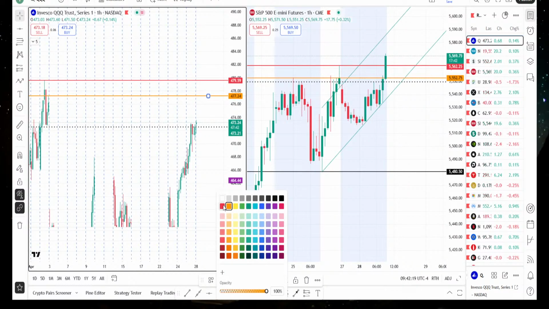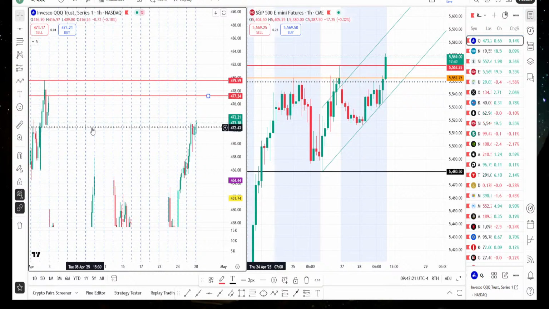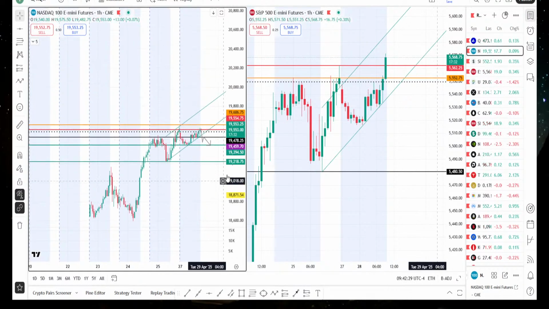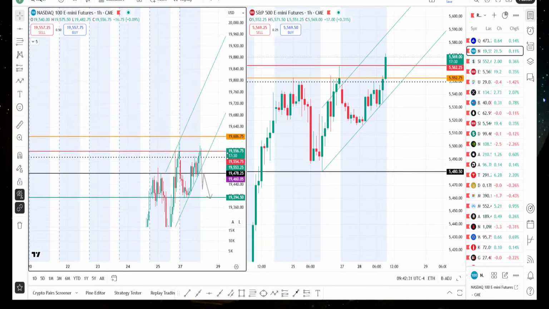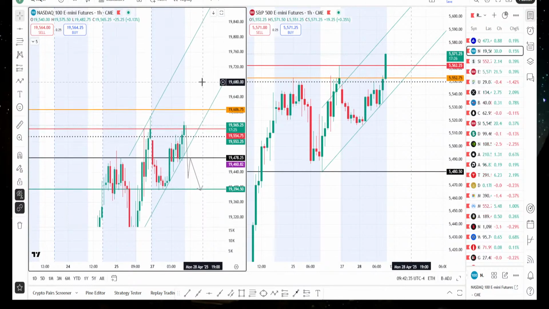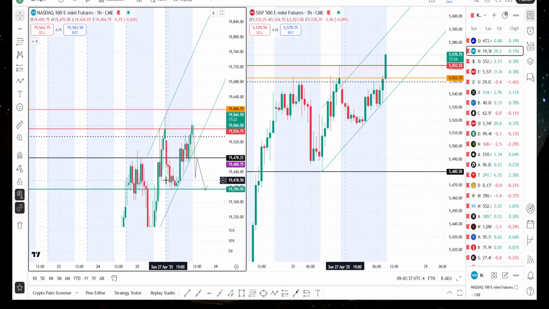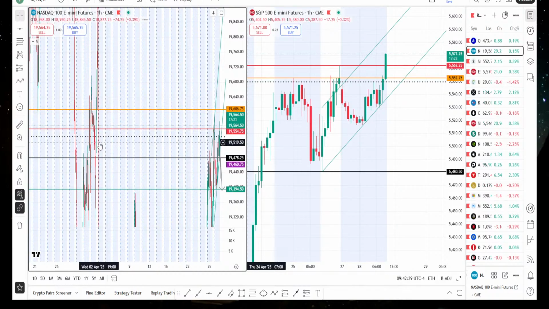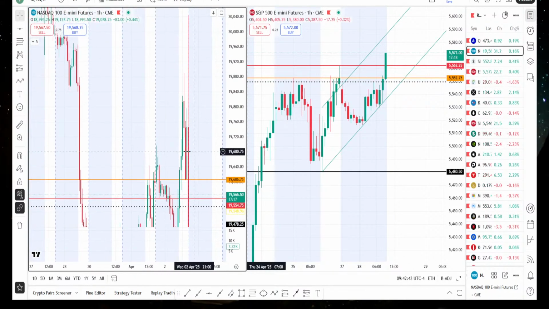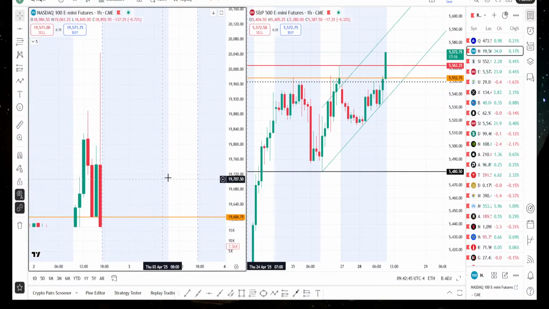Red. Okay. So above previous day close, I'm being bullish. Let's go back to the NQ here. Being bullish above previous day close. Bullish up here. If we are below it, I'm looking for sells. Why? Because we filled the gap, and then we have a potential to go higher to previous levels of resistance.